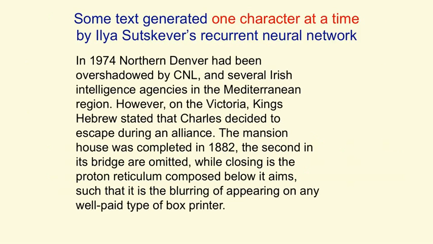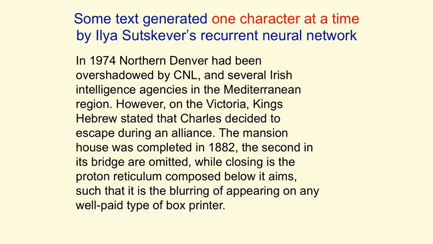So remember, this text was generated one character at a time. Notice that it makes reasonably sensible sentences, and they're composed almost entirely of real English words. Occasionally it makes a non-word, but they're typically sensible words. And notice that within a sentence, it has some thematic sense.